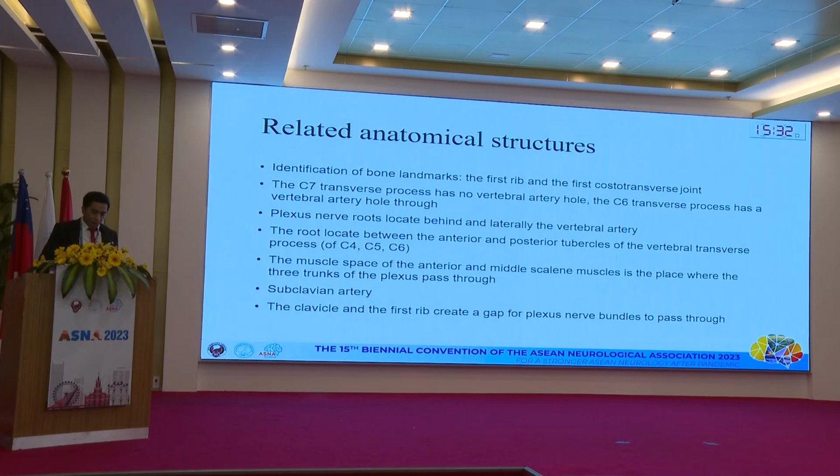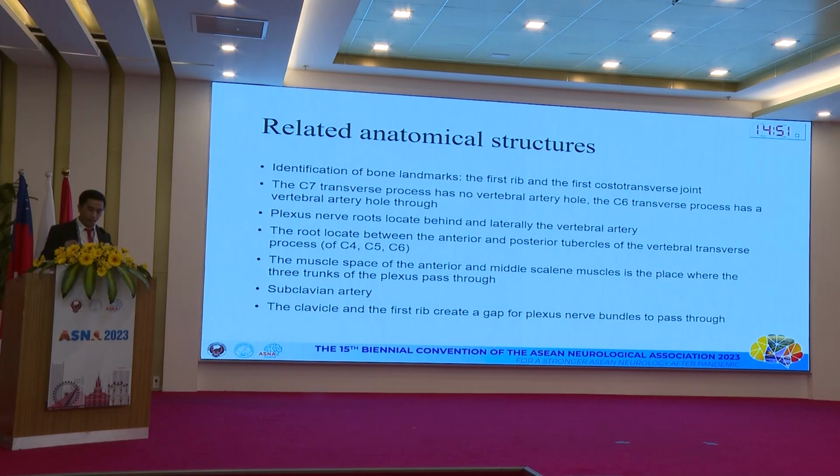And for related anatomical structures, we have to know them, because the ultrasound scanning field is so small. It's just small like this, so we cannot scan everything at one time. So we have landmarks, marks to discover with. You have to identify the first rib and the first costal transverse process. After that, we have some information: the C7 transverse process has no vertebral foramen, while the C6 transverse process has the first foramen where the vertebral artery goes through, and the nerve roots are located behind and laterally to the vertebral artery.